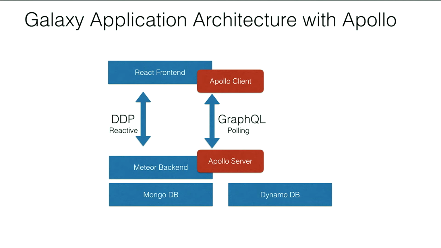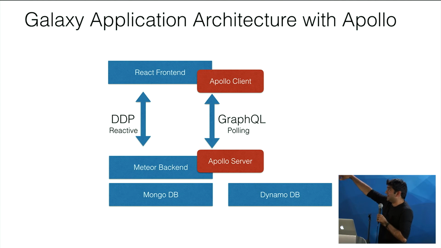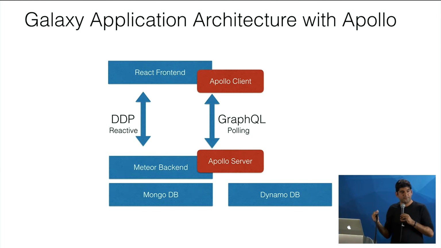And what we did with our integration of Apollo into Galaxy is integrate Apollo for those specific data sources and use it alongside DDP. So we have DDP for all the rest of the data sources, and we incrementally picked up Apollo. Matt introduced the Apollo client and Apollo server, so I'm not going to go over that in detail. The architecture that we landed on was the Apollo client as part of the React front-end layer of the application, and then Apollo server as part of the Meteor backend, the node process that we were running.